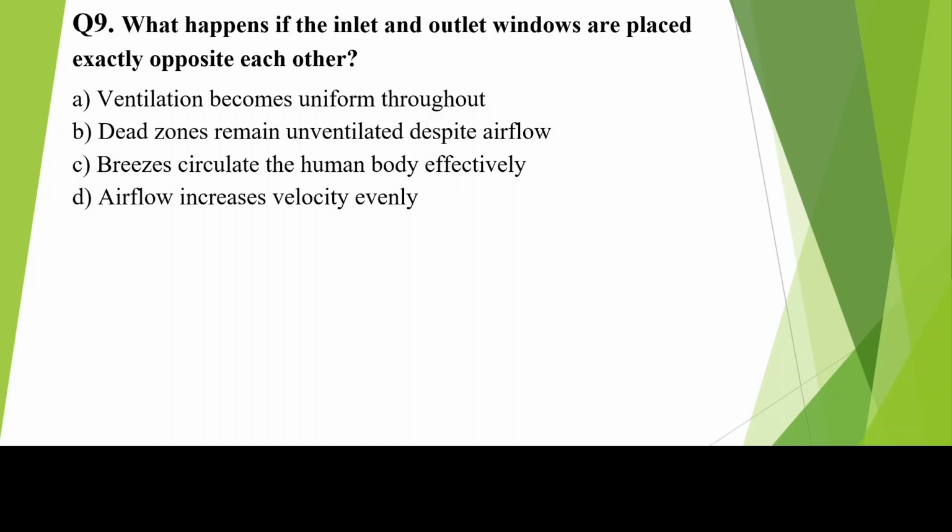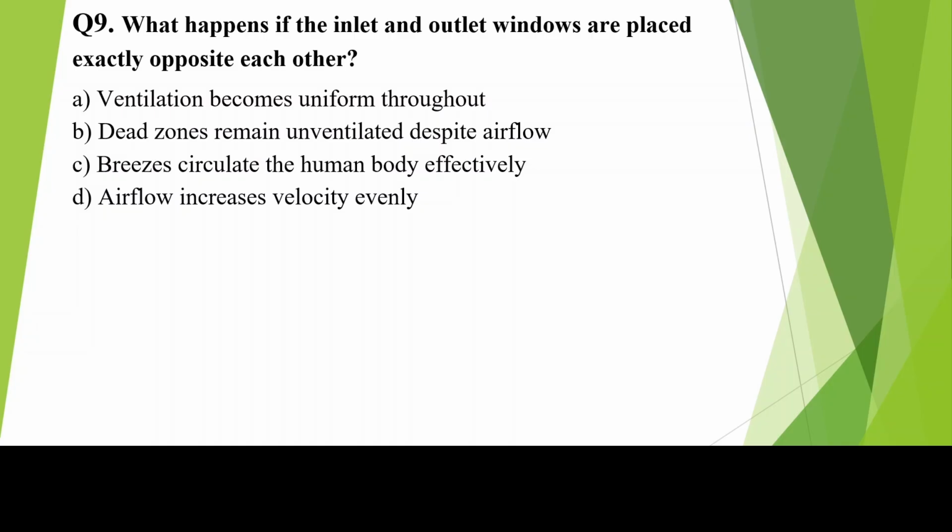Question number 9. What happens if the inlet and outlet windows are placed exactly opposite to each other? This thing I have discussed in one of the sample problem question discussions. When the two windows were placed just in front of, opposite of each other, then what was happening?